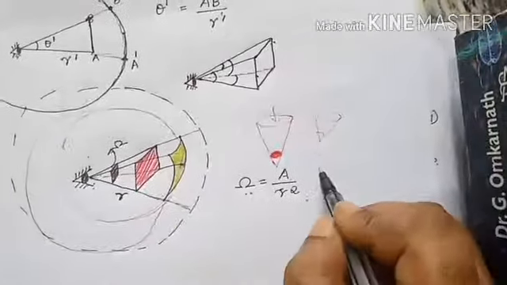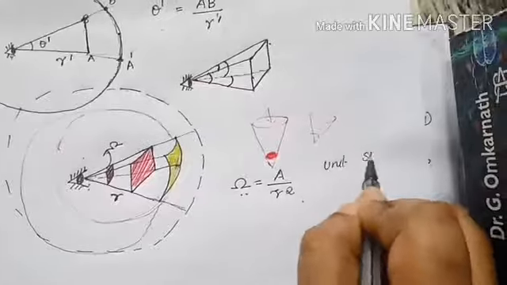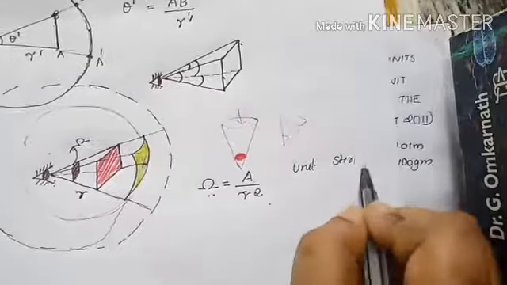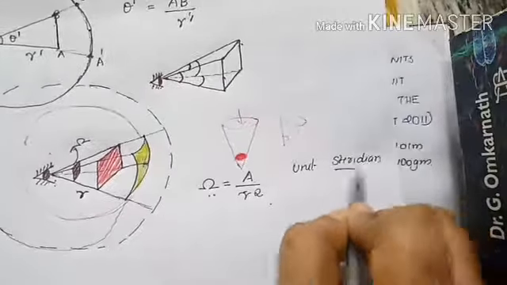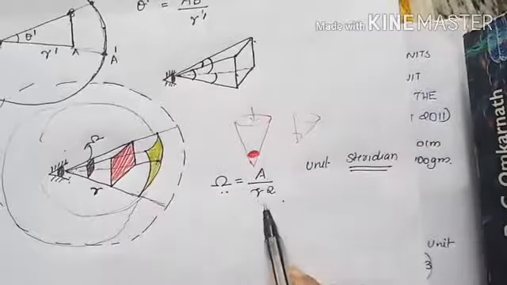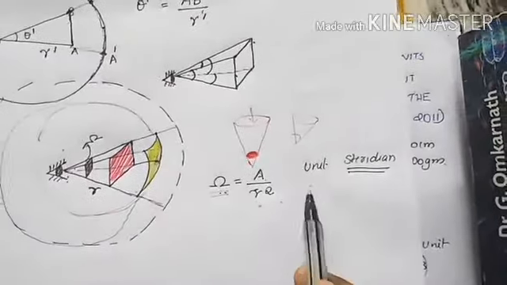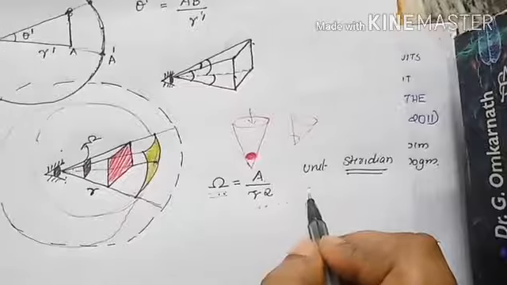And the unit of solid angle is steradian. Now again, the area's unit is meter squared. R squared will also have unit meter squared. So what is the dimension of omega or solid angle? It is a dimensionless quantity, just like our plane angle.